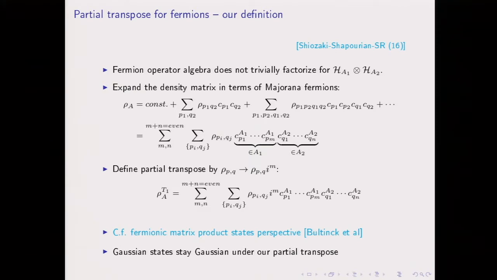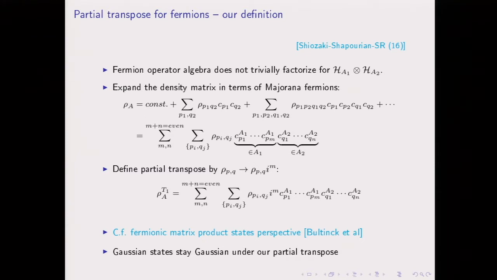We can also take a coherent state basis, or we can use this operator basis to explain our definition. We first expand our operator as a polynomial of fermion operators. Some of them are acting on the first part of the Hilbert space, and the remaining operators are acting on the other part of the Hilbert space. If you expand, you can separate them out, and there's some coefficient.